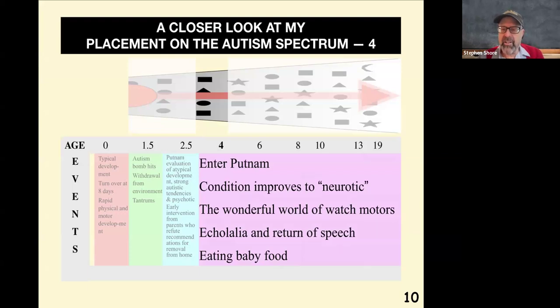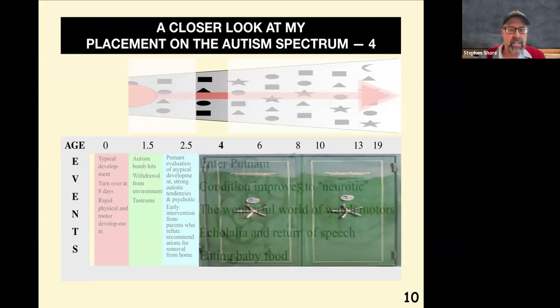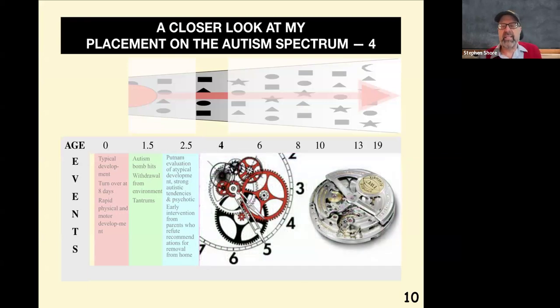Well, my parents, upon noticing this, turned away from the closed doors of deficit disorder and disability and focused on the open doors of ability, and soon provided all kinds of other devices to take apart, and they made sure that I got them back together again. So I enjoyed doing this, taking apart watches.